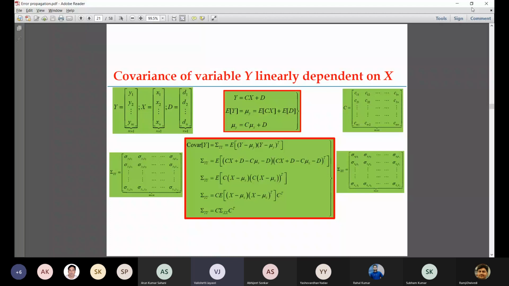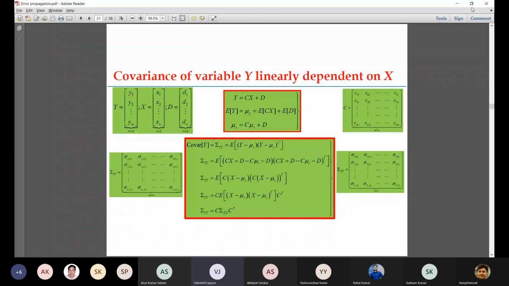So if we frame it into matrix form as z is equal to Ax, that A will be the matrix 2 1 and 1 2. For this, we will get mu z as A mu x.